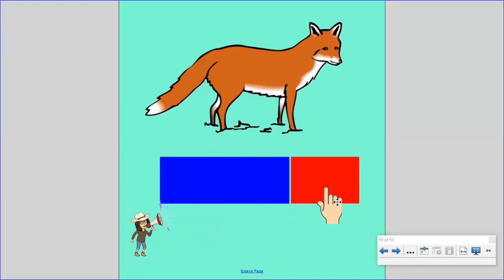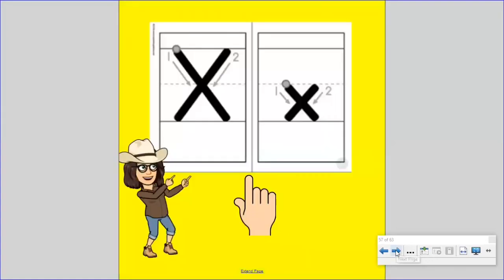Fox. What letter makes the sound at the end of the word fox? Did you say the letter X? You're right. The letter X makes the sound, like at the end of the word fox.